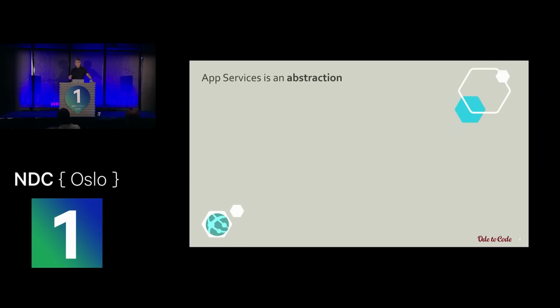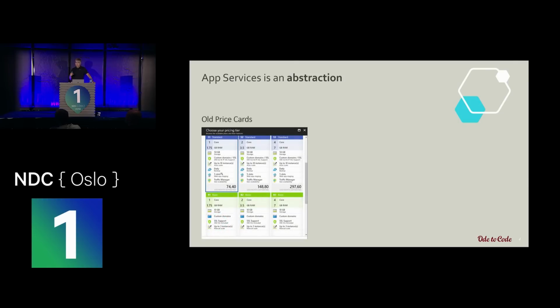In an ideal world, you would just say, dear App Services, here's my code. Now you take it, you run it, you send messages to it that are coming from over the internet, and you tell me when something goes wrong, and then I'll have to figure out what to do from there. So this talk is really about digging into the abstraction, because if anything, I feel like App Services is getting more abstracted as we go forward.